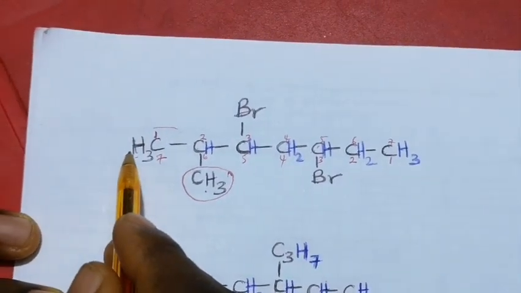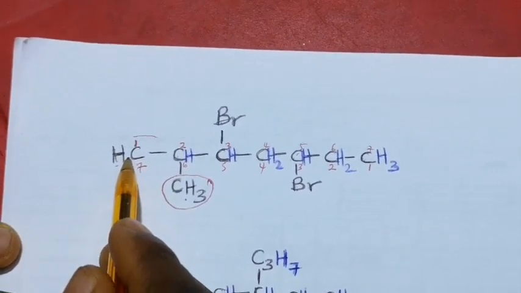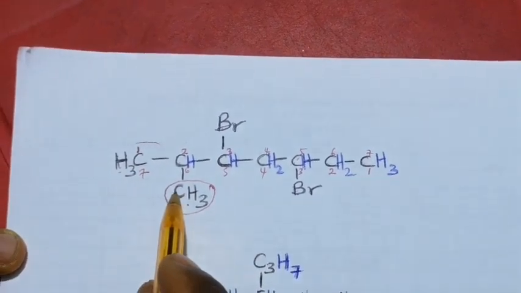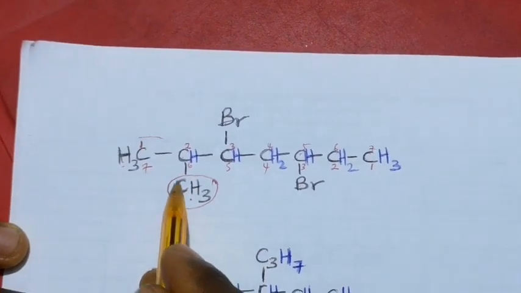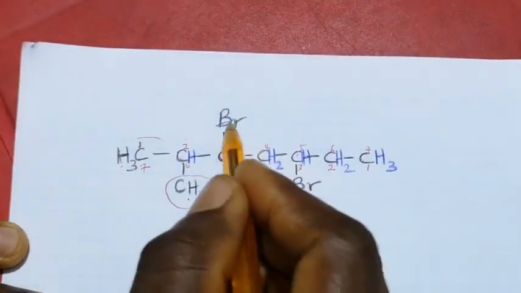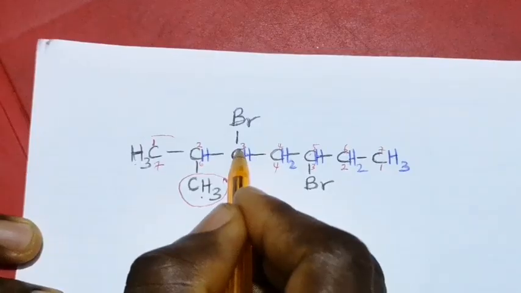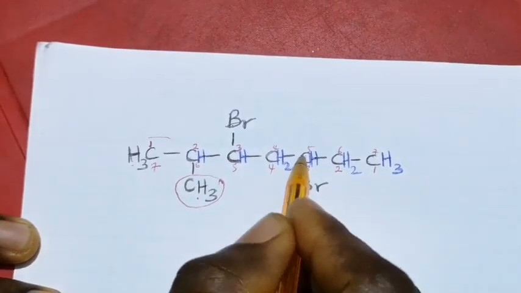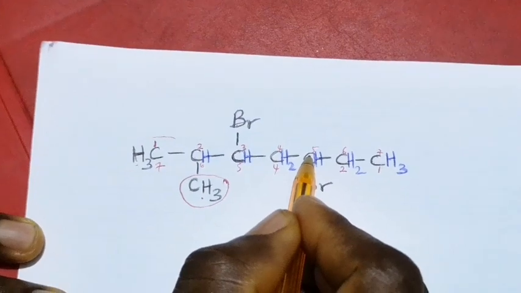Starting from this end, methyl is at the second carbon atom, this bromine is at the third carbon atom, and this bromine is at the fifth carbon atom.